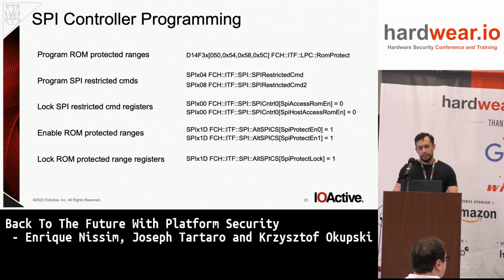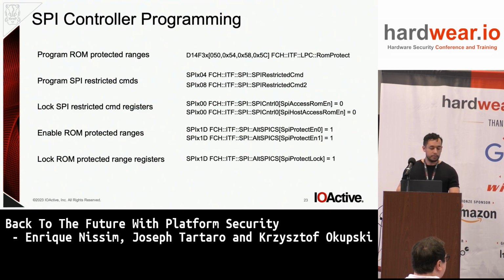So if we look at how the SPI Flash has to be configured, we have a couple of things that we need to do. We need to program the ROM Protected Ranges, program the SPI Restricted Commands, lock them, enable the protected registers, and unlock the ROM Protected Registers as well.